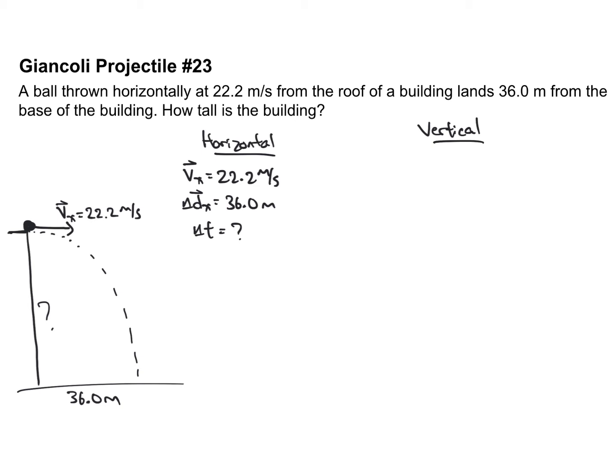Velocity equals displacement divided by time. That's just a definition of the formula for velocity. It's going to be rearranged for time. When you rearrange it, it'll end up being displacement over velocity. 36.0 over 22.2, giving us the time. So I'm going to get that in my calculator.